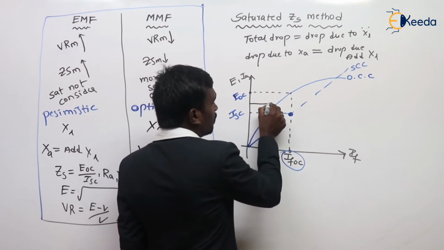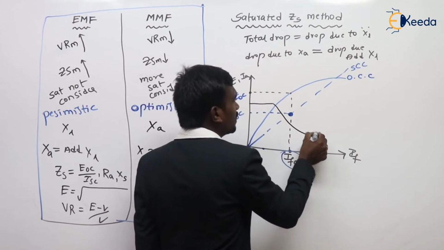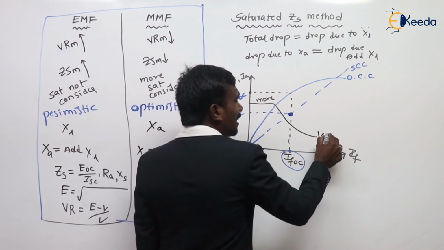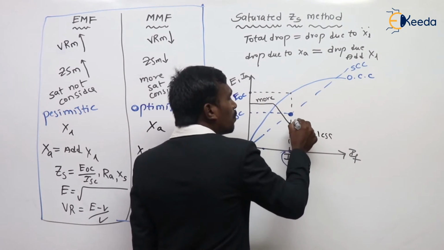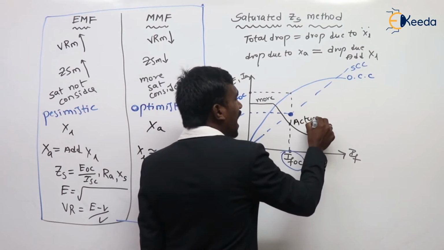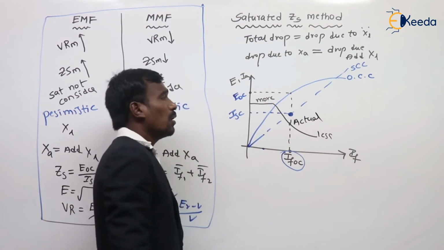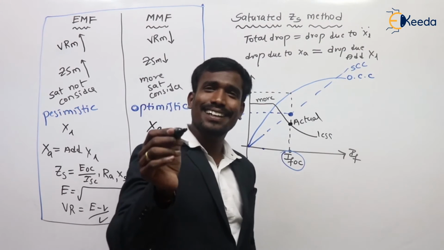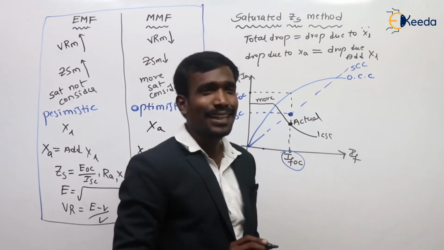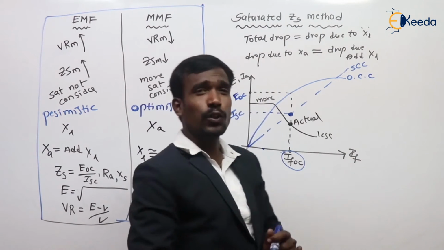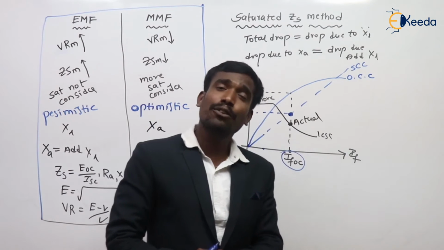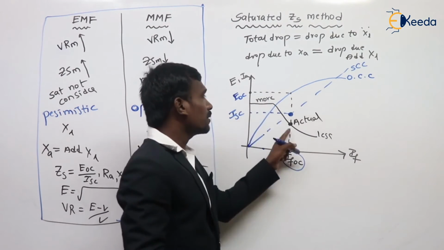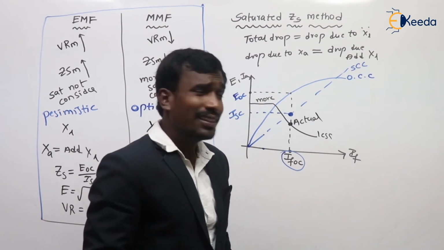The synchronous impedance is actually like this: here more, here less, but here mostly equal to actual. This is what we modified. This saturated synchronous impedance method is a modified method of the synchronous impedance method. This is that modification.